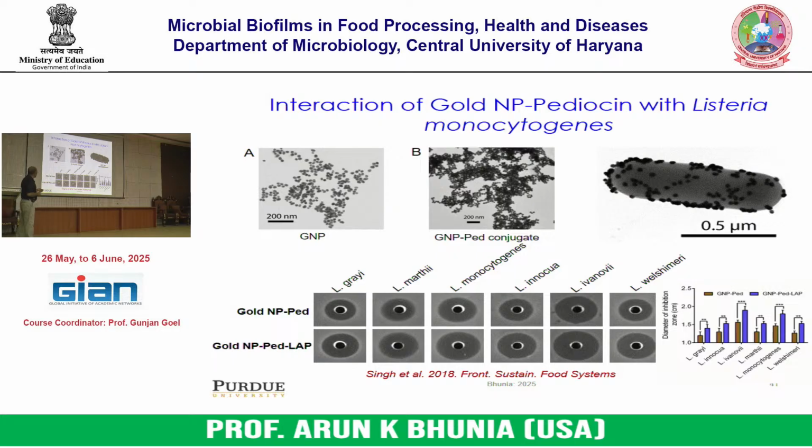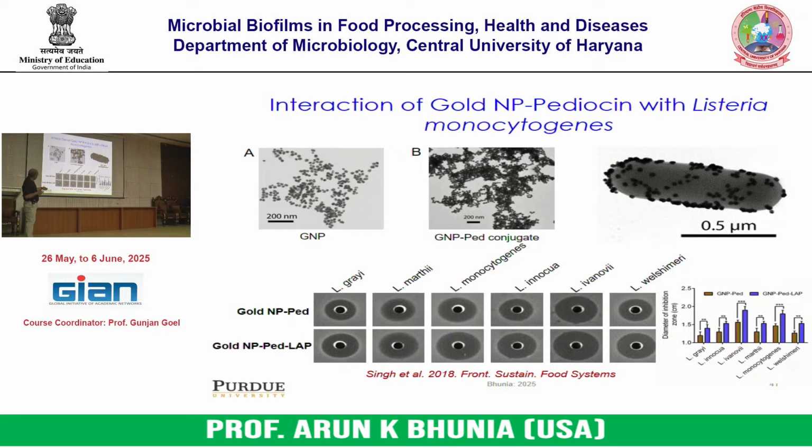You can see the clear zone. But now we have this nanoparticle with the LAP attached to it, just to see if it can show enhanced activity, because it's going to find the Listeria, bind it and kill it. If you look at this, I don't know whether all of you can see, there is actually an increased zone of inhibition, a little bit at least.